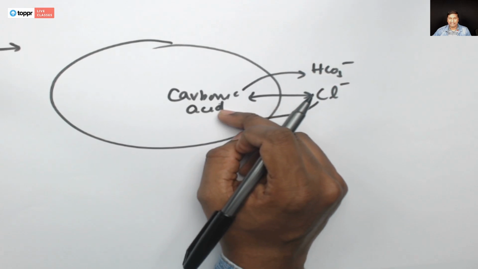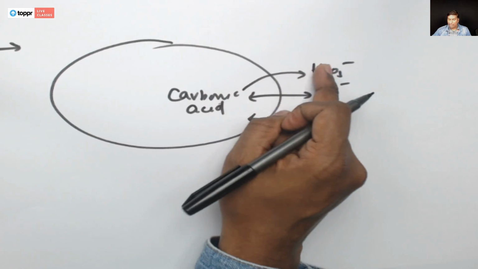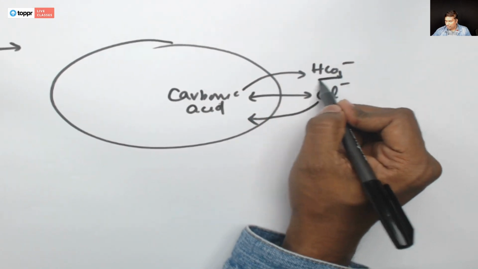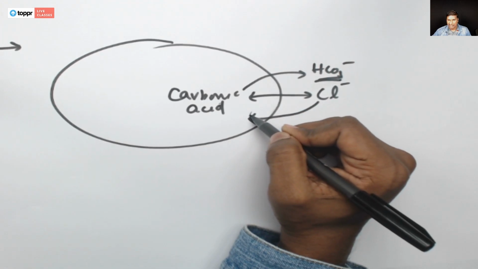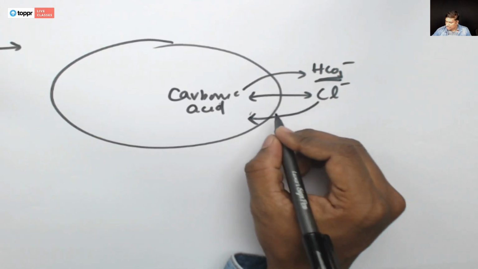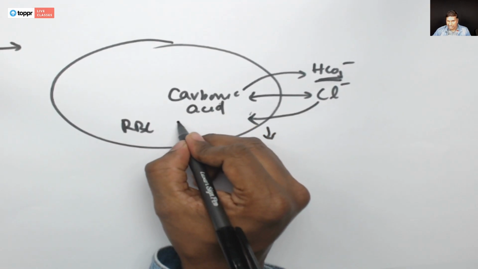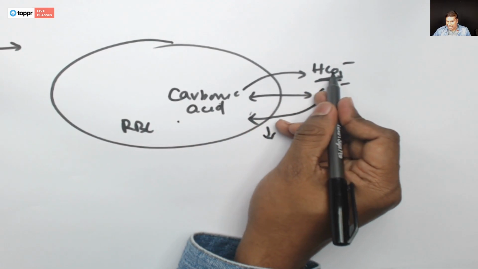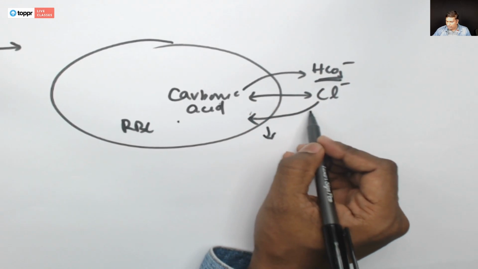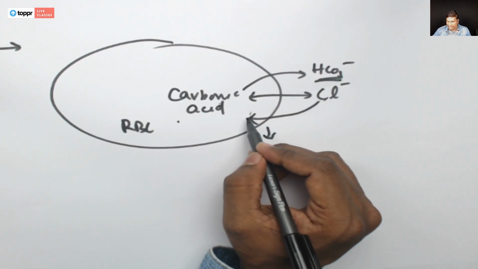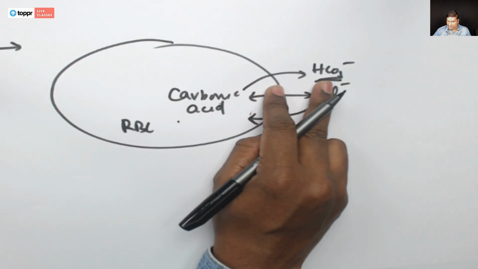And in the process, it is actually releasing protons. So basically you are getting your bicarbonate out and the chloride ion is going in. This is in the RBC. The carbonic acid which is formed in the RBC is being released out as bicarbonate, and in the process the chloride ion is getting in. So an exchange reaction will happen.